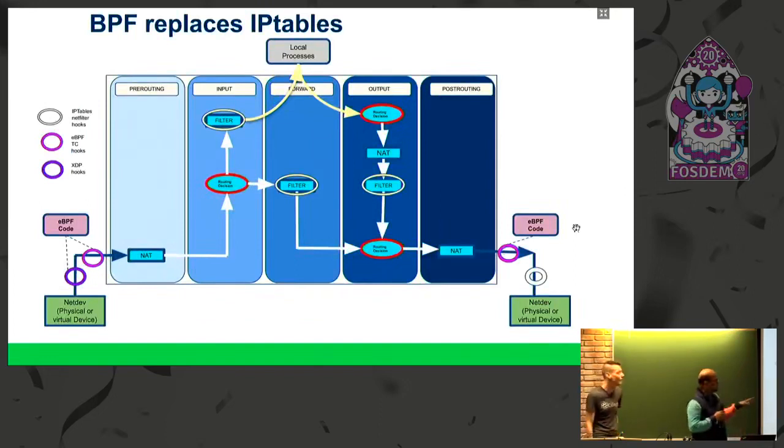This picture gives you an overview of how BPF utilizes the filtering capabilities that iptables used to do for networking. In this picture, we are seeing the five different chains that are currently available for any packet to traverse.